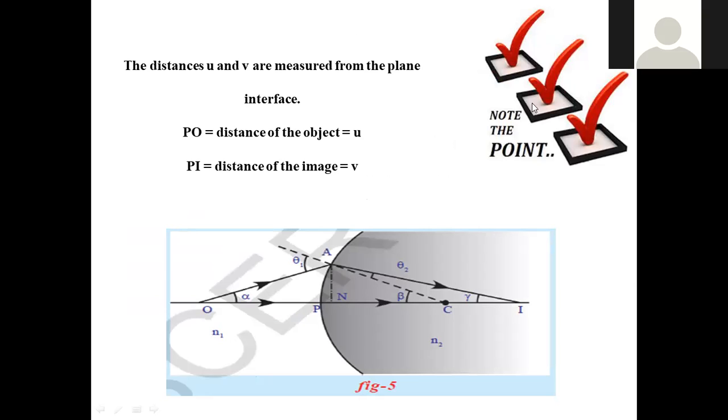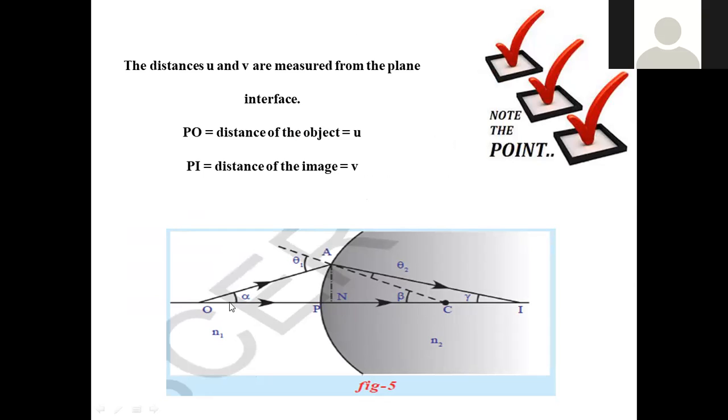One of the important points to be noted is that the distances u and v are measured from the plane of interface. Here in the diagram, you can observe two kinds of rays originating from the object. One is traveling straight forward with respect to the pole point and the principal axis.